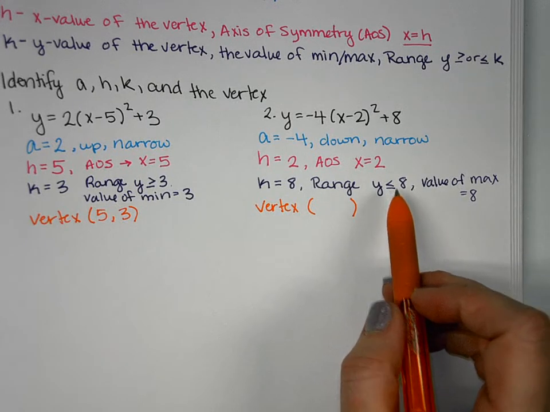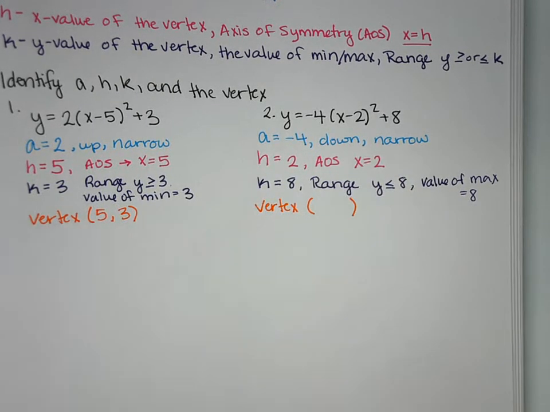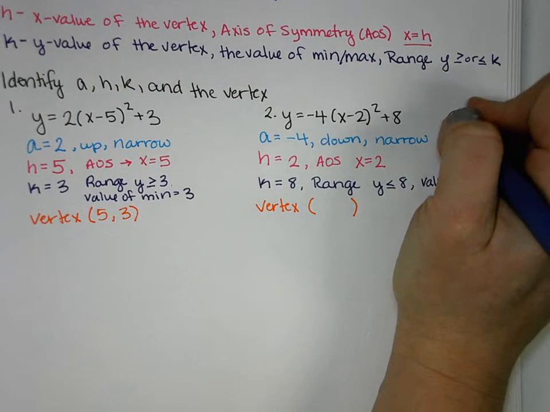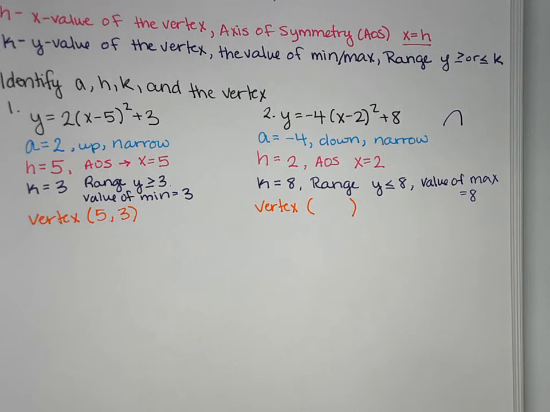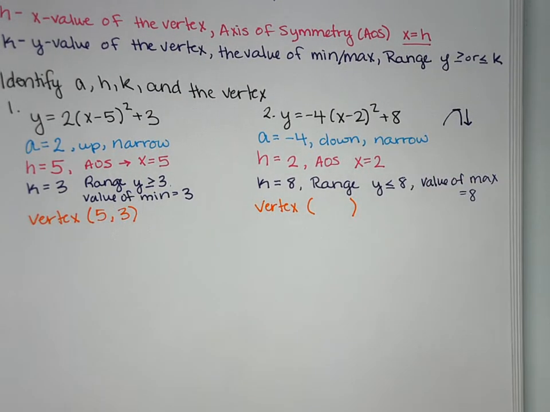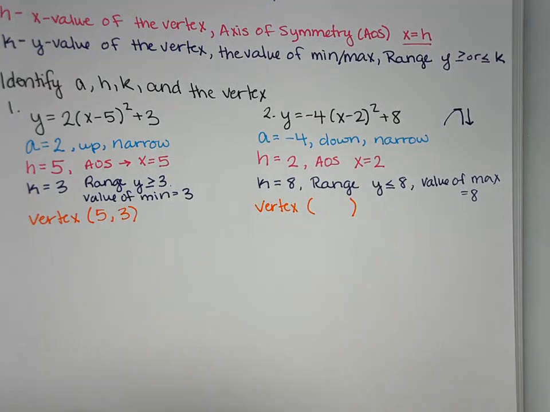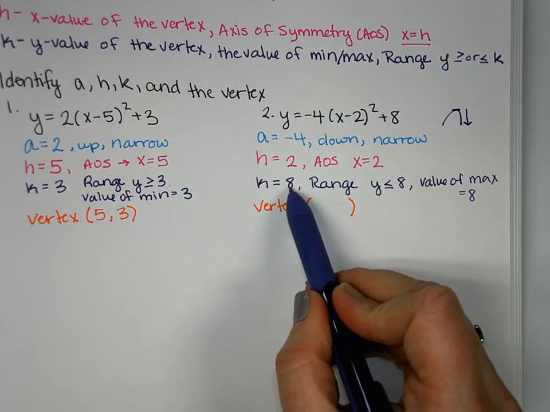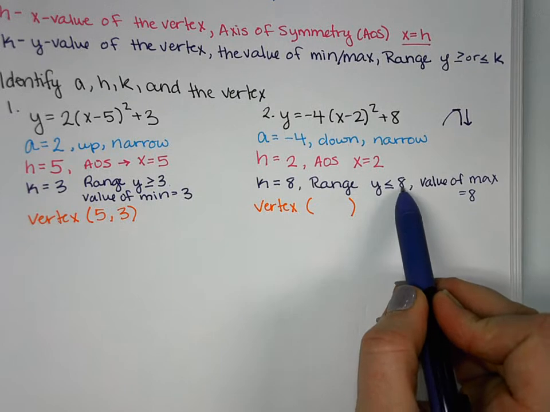Okay, so we said our graph goes down, right? So if we think about what that looks like, it's going like this. That means I'm going to have a highest point and all the y values are going to be smaller than that. So I know that highest point is going to be at 8, and the rest of them have to be smaller than 8.